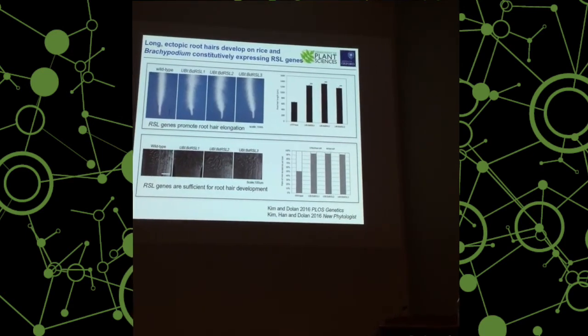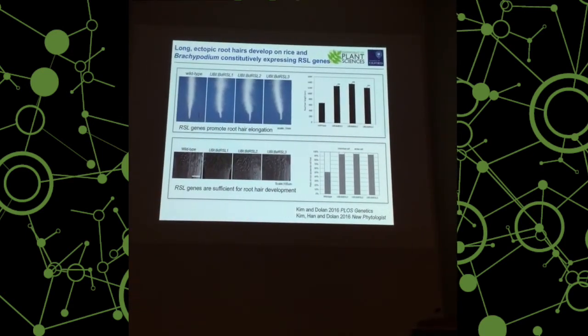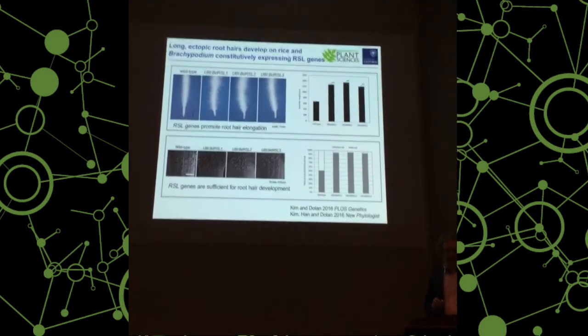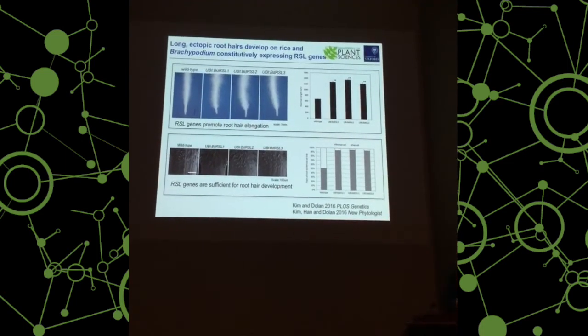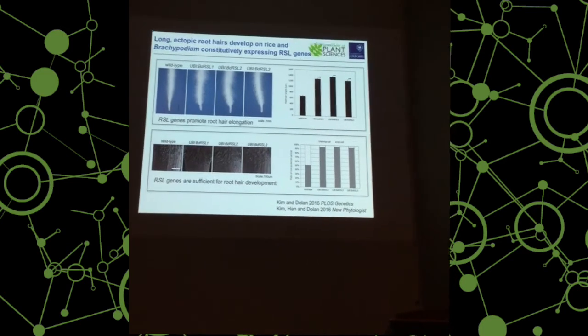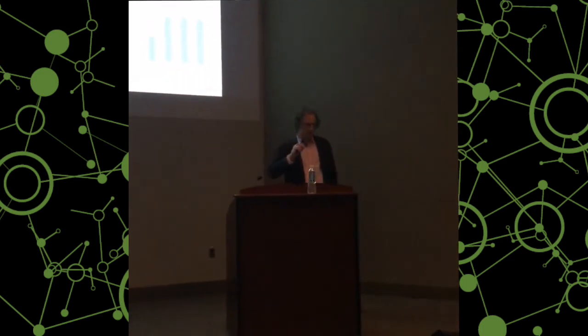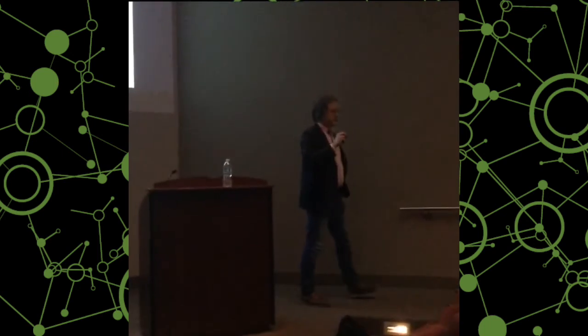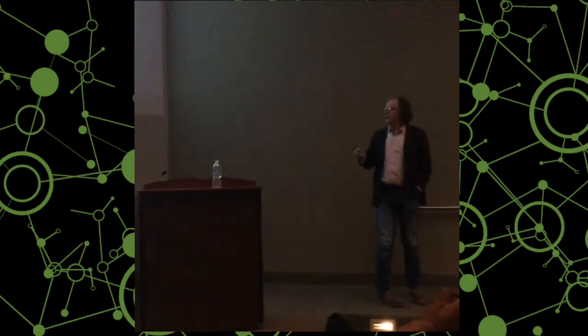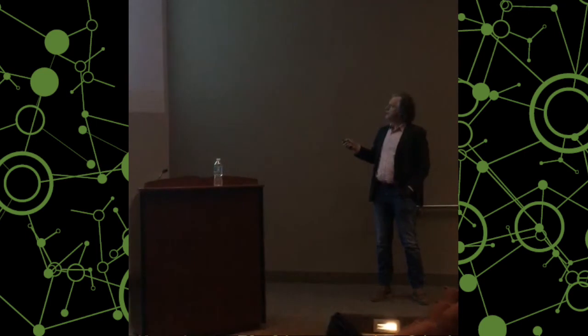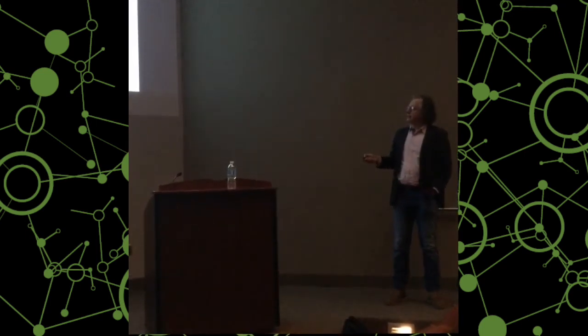So this indicates that you could begin to use these genes to modulate root hair characteristics in the cereals. And we've started to do this, and we've made some constructs in which we express these genes only in the trichoblast cells. So we're going to get long root hairs, but we don't get ectopic root hairs.